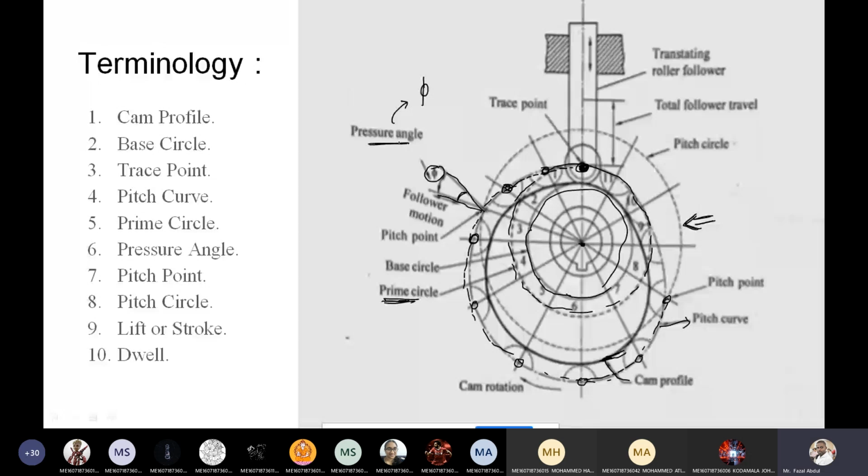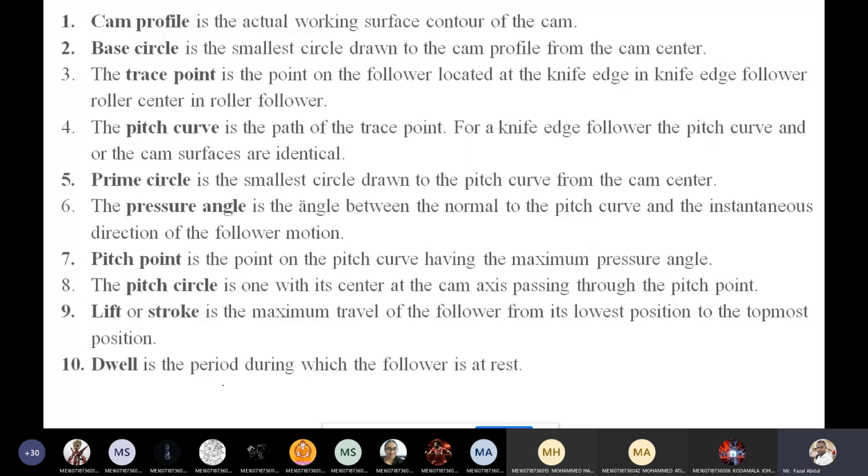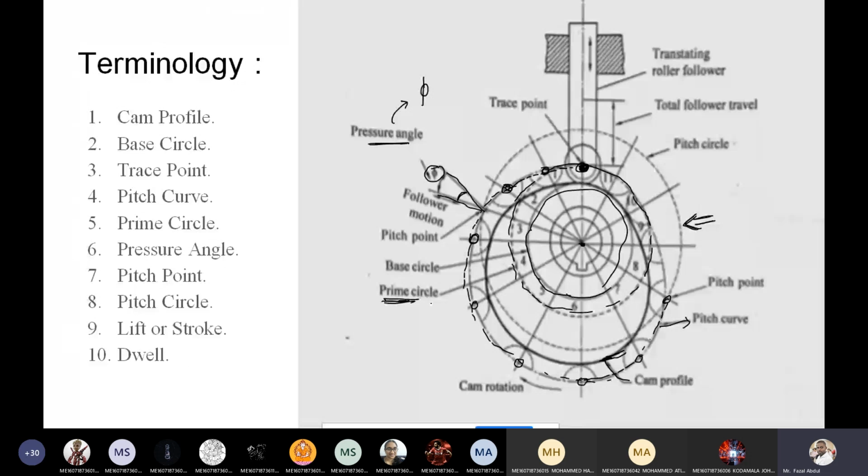And this is a pitch point. Pitch point means the point on the pitch curve having the maximum pressure angle. Which one is the pitch curve here? This is the curve we have just drawn. On this pitch curve, the particular point where you find the maximum pressure angle is known as a pitch point.